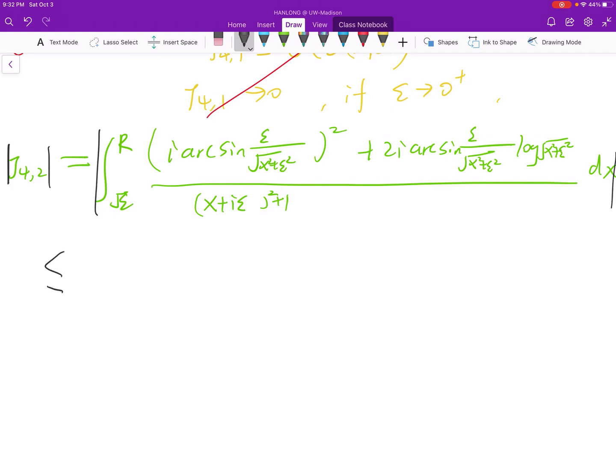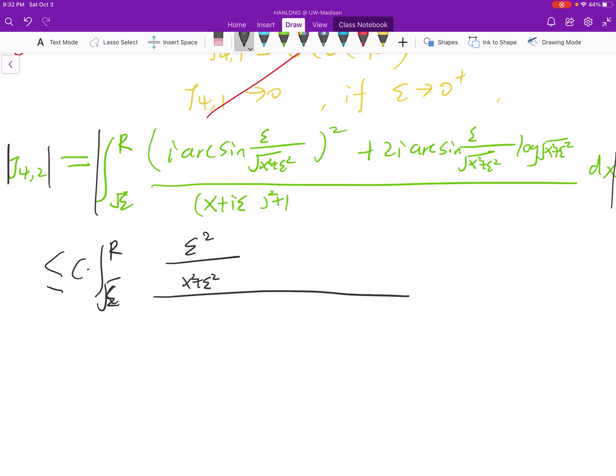This will be less than or equal to epsilon square root epsilon r, epsilon x squared plus epsilon square times some constant square. So you have this.